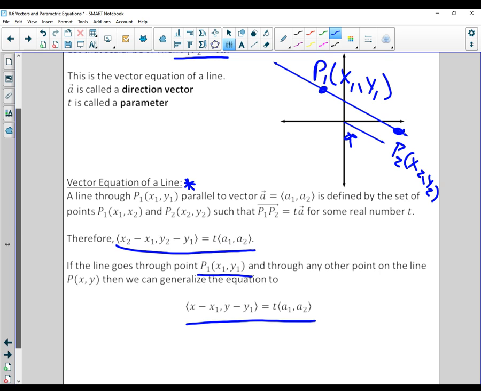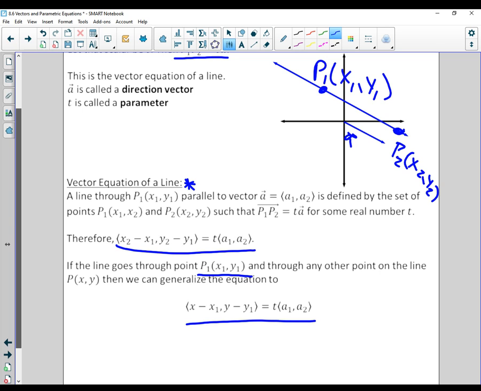You have y and x in there. And so when you generalize it, and I don't put a P2, X2, Y2, but I just say, hey, this point's on the line and it's parallel to some vector, what's the equation? Well, it has to go through that point. And then you think of a line, it's not like this is the only other point on the line, right? You could pick any of these points.